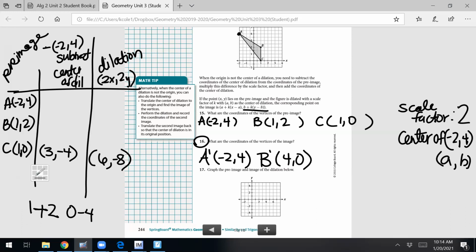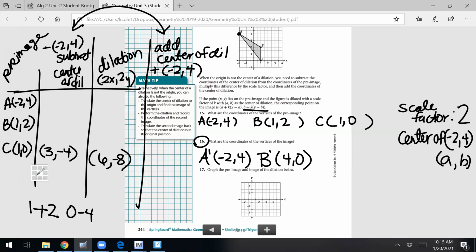And then you have to undo the subtraction, and you have to add the center of dilation. So that's going to be plus -2, plus 4. So these two undo each other. Start with the subtraction, then you add it back. What's 6 plus -2? It's going to be 4. And then what's -8 plus 4? And that is going to be C prime.